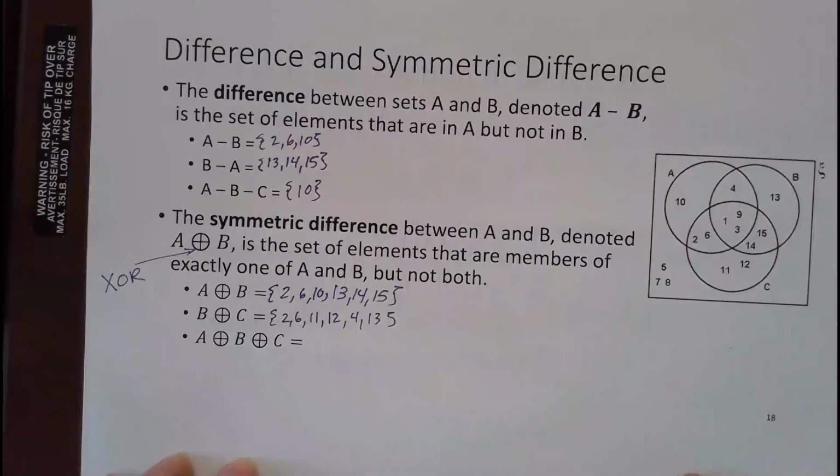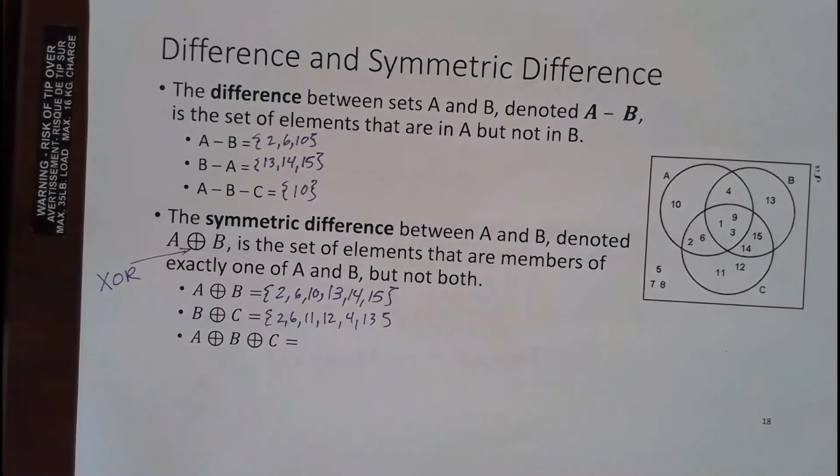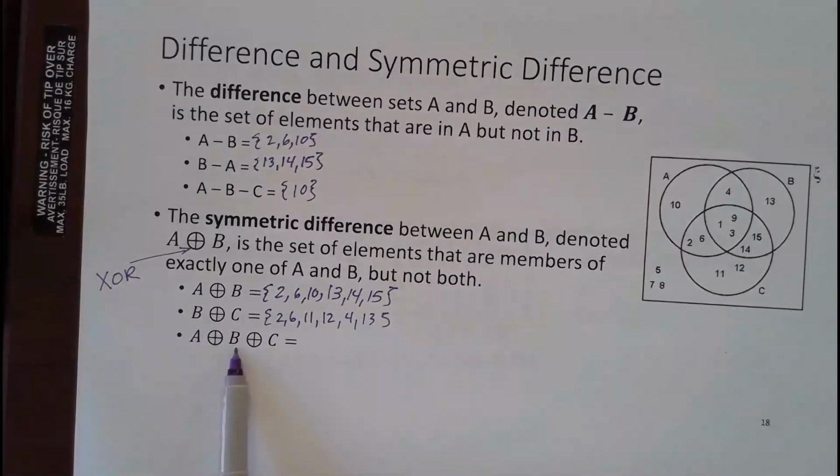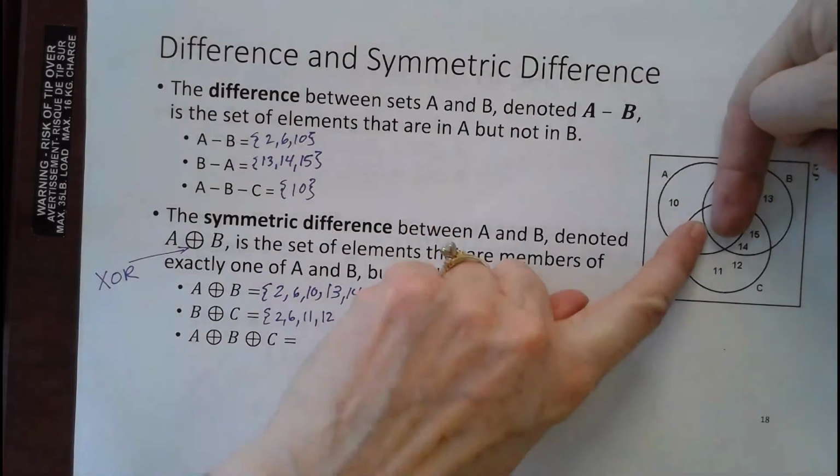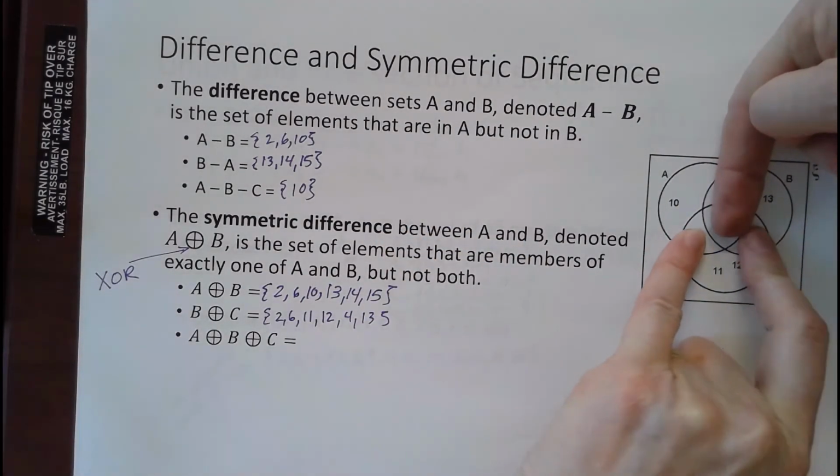So A and B symmetric difference. Okay, so get rid of this stuff here. And now do the symmetric difference with C. So any intersection with C you got to get rid of. So you got to get rid of that and that.